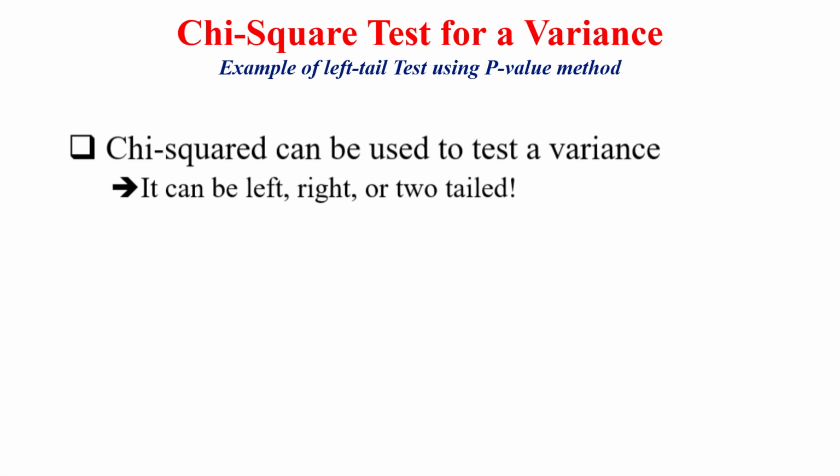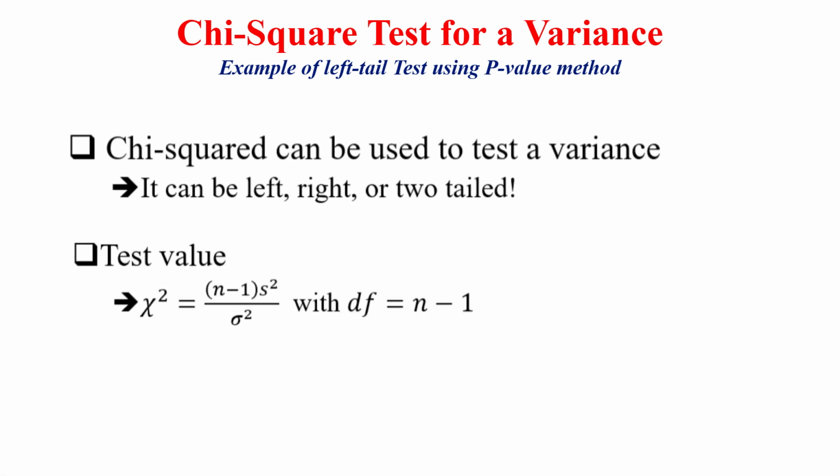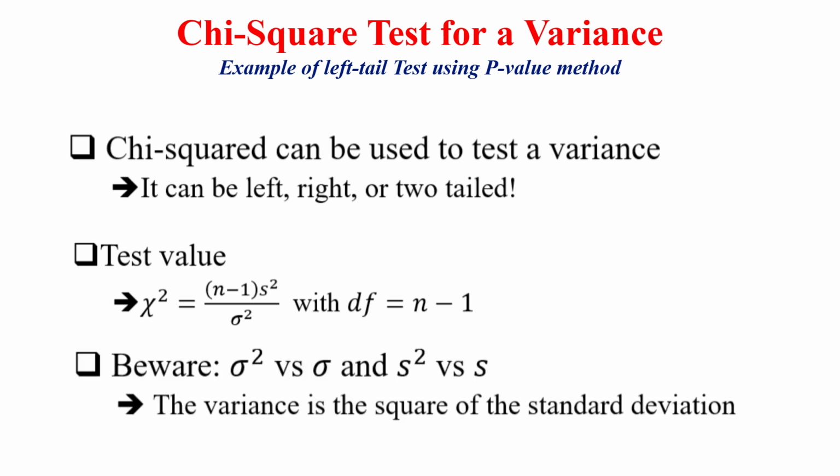The way we calculate chi-squared with a variance is we take the sample size minus 1 times the sample variance divided by the population variance. Be very careful here. Notice that sigma squared is the variance of the population, and sigma is the standard deviation of the population.